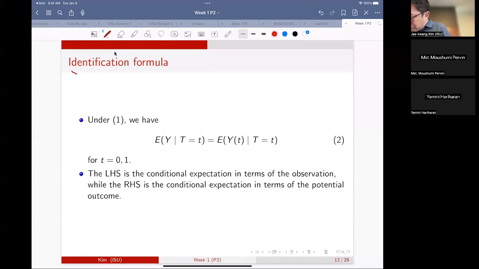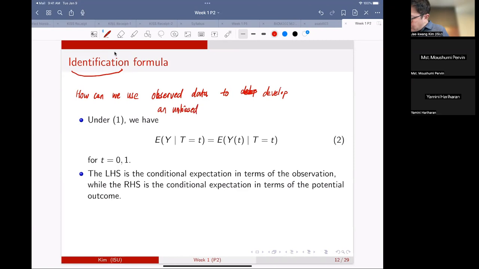Identification means how can we use observed data to develop an unbiased or consistent estimator of the causal parameter.